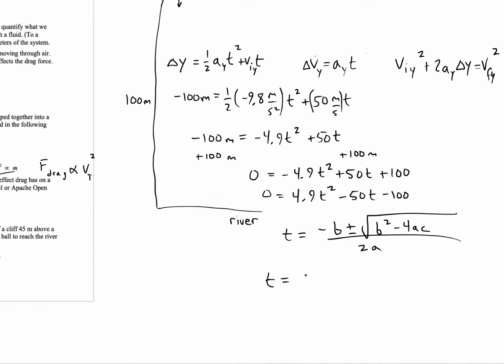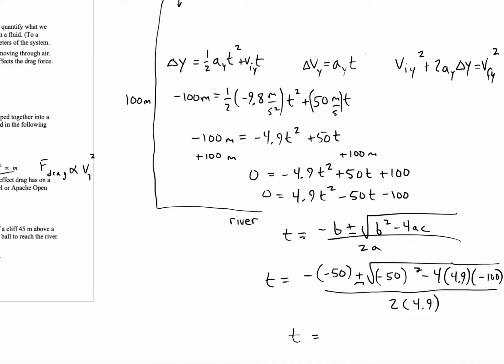So t is negative 50... t equals negative 1.71 seconds, or t equals 11.9 seconds. All right, so we obviously want the positive of that.